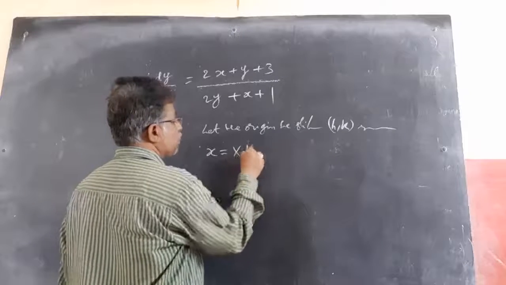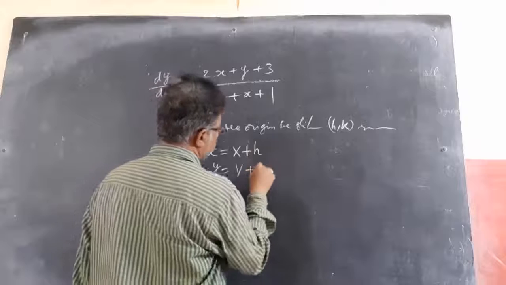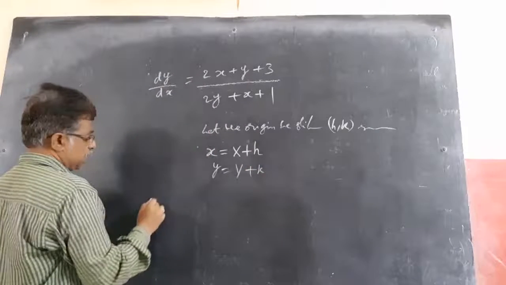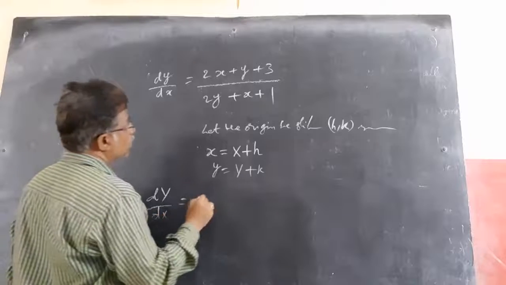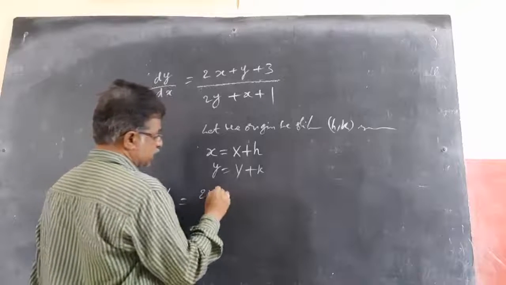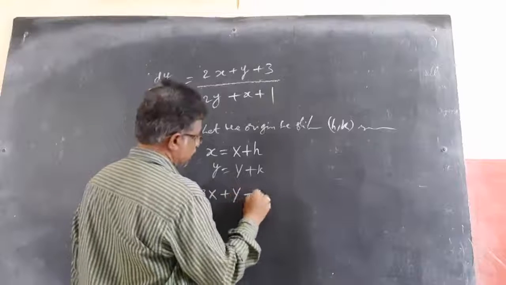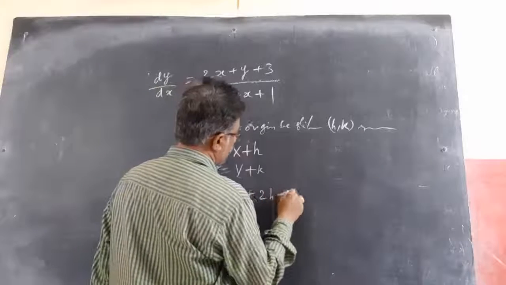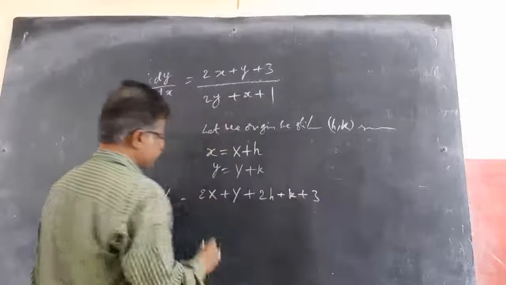Means x equal to x plus h, y equal to y plus k. Now if I substitute here, dy by dx equal to 2 into x plus h, that is 2x plus 2h, and y plus k. So 2h plus y plus k plus 3.